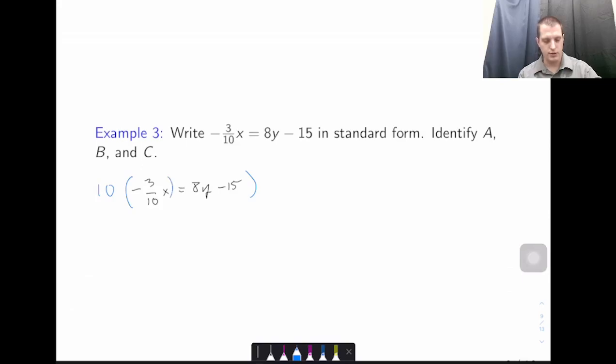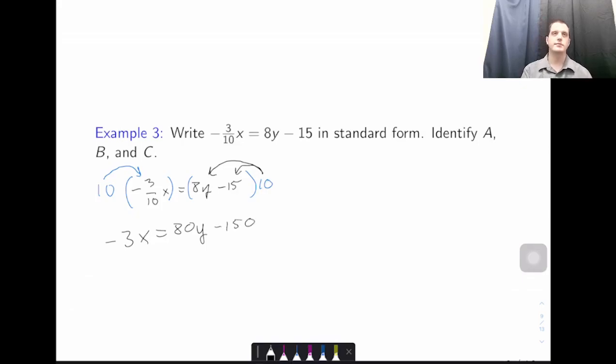If it helps, you can rewrite this as two sets of parentheses multiplied by 10. Here, this first one, we're going to get a 10 divided by 10, so we end up with -3x equals. Multiplying that into there, we get an 80y. Multiplying it again, we get a -150.